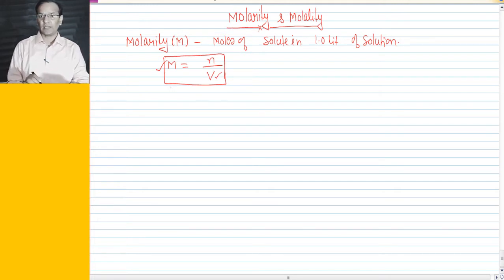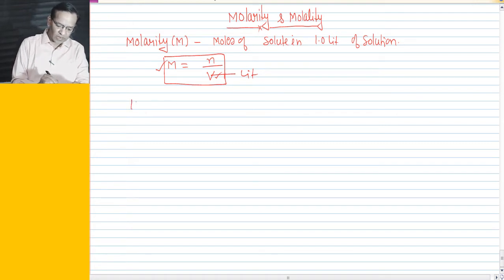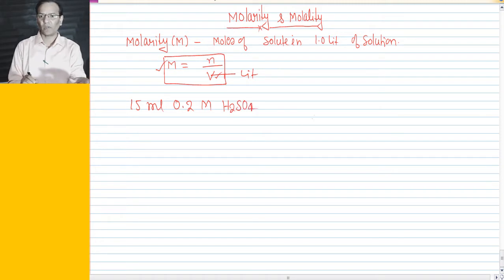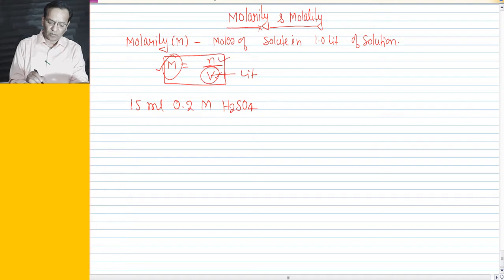The first point is that in chemistry we deal with smaller volumes, milliliter, and here the volume is in liter unit. So how to correlate them? Suppose we have been given a 15 ml 0.2 molar sulfuric acid solution. Molarity multiplied by volume gives number of moles.